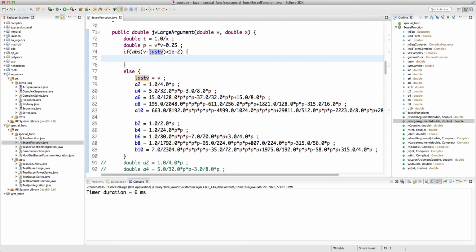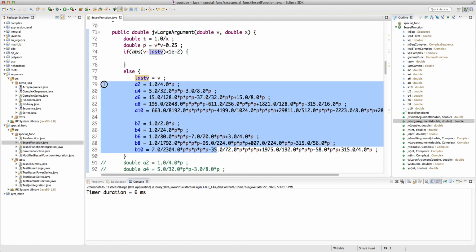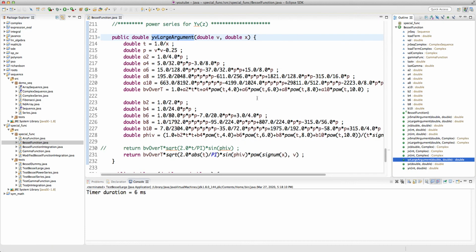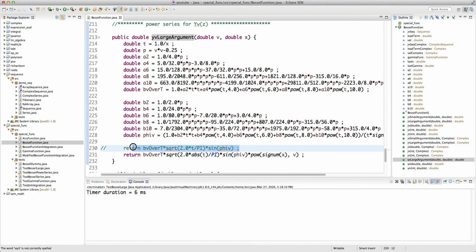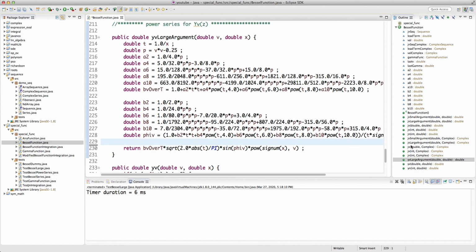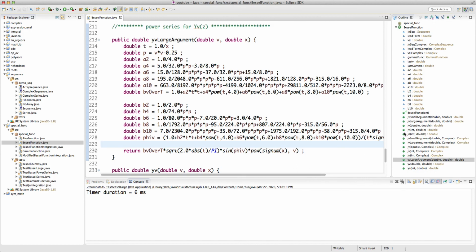So we save some numerical computation. Okay, now as you can guess, we can also have y nu of large arguments, and here, let me remove this, and again we can have the same thing.